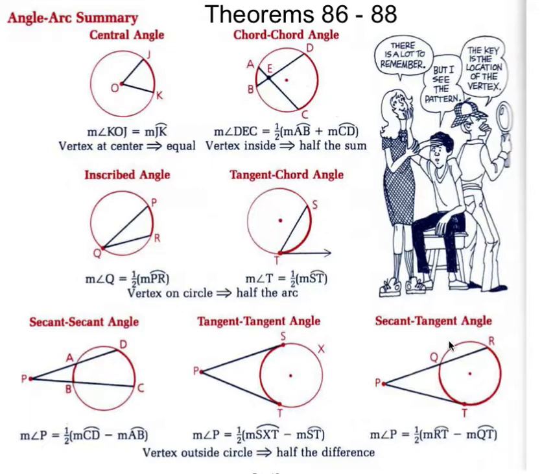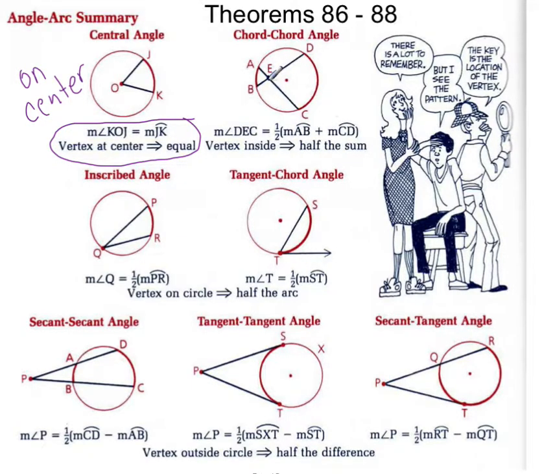And again, it looks like an awful lot to remember. But you can sort all this out by looking and seeing that when the vertex of the angle is on the center, the measure of the arc is equal to the measure of the central angle.